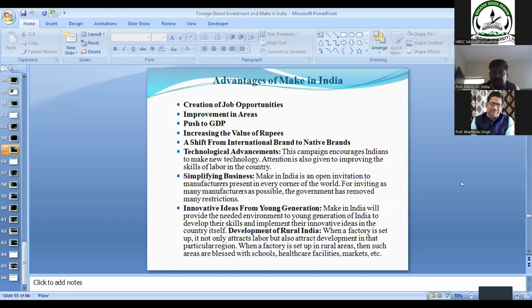Innovative ideas from the young generation are needed, and for that purpose the Government of India is ready to change the policy so that development of rural areas becomes possible.